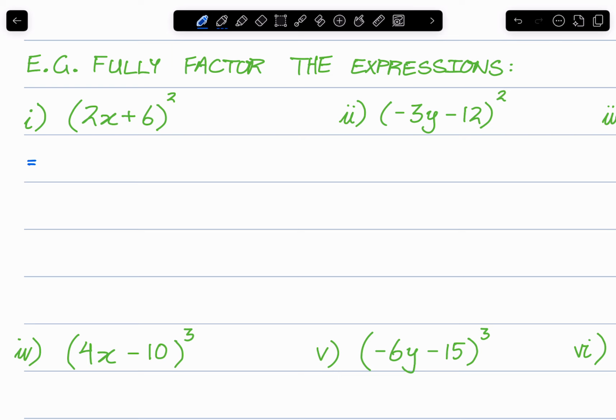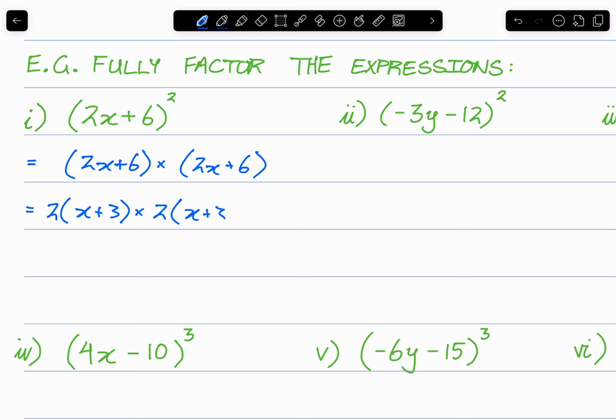To properly understand what we're about to see, let's think about what this group to the power of 2 means. It means that there are actually 2 of the same group being multiplied, so there's a multiplication in between the same groups. If we factor each one with a common factor, it becomes 2 times x plus 3 times 2 times x plus 3.